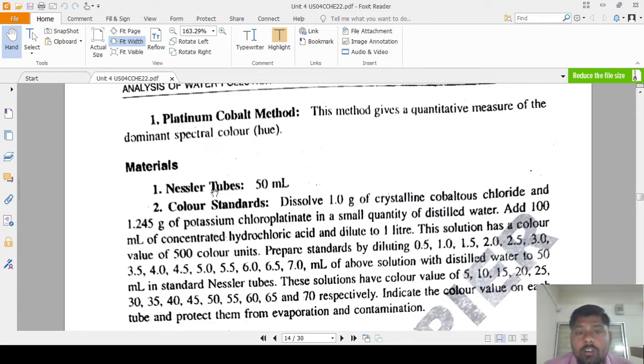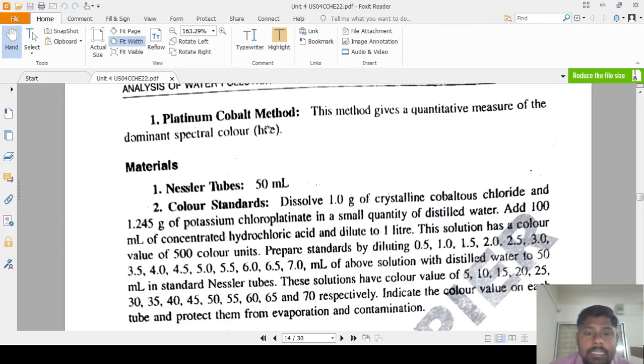So, in water analysis some methods are there and in those methods there is a process. You must find out a way to remember this process. You have to memorize it, develop some shortcut keys to memorize the process of these methods.